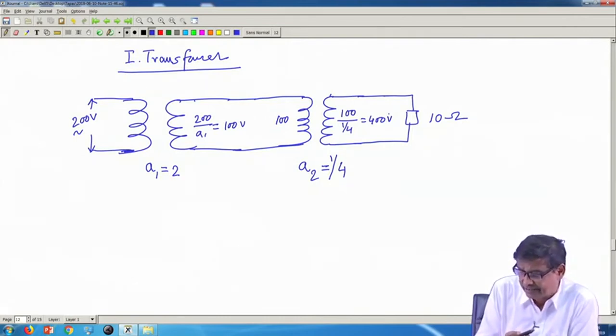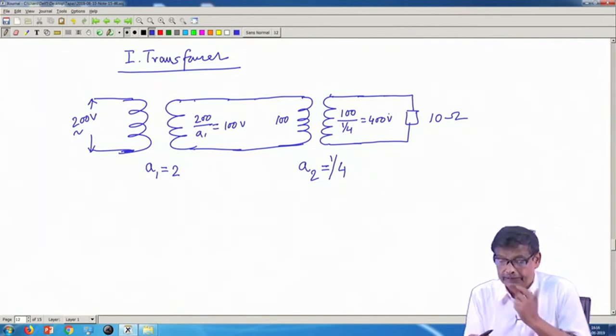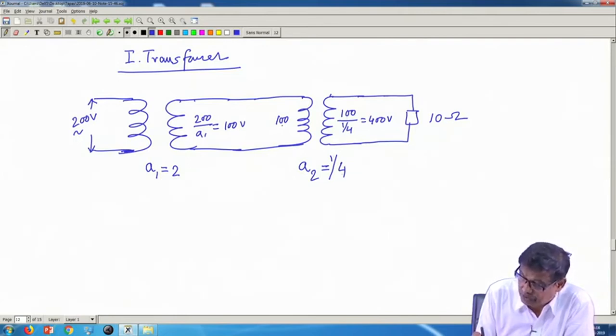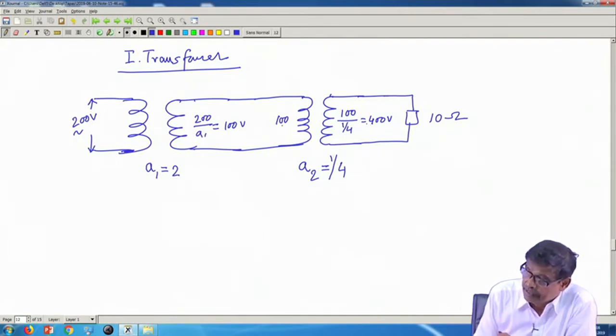That is why this exercise, and also it tells you how the ratios of the currents and voltages are decided. Now tell me, this A2 is equal to 1 by 4. So, its applied voltage 100, 100 by A2, 400 volt. If you know this is 400 volt, this is 10 ohm, so this current will be 40 ampere.